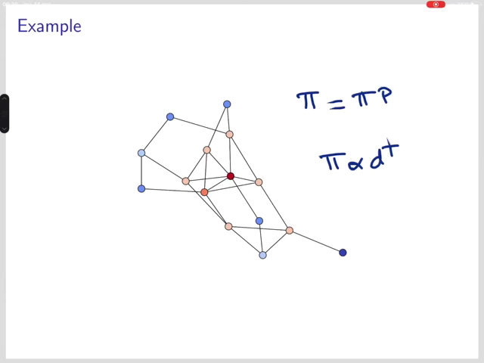It's a very simple and deep result, actually, concerning random walks in undirected graphs. And again, this applies to weighted graphs as well. In this case, we replace the degrees by the weights of each node.